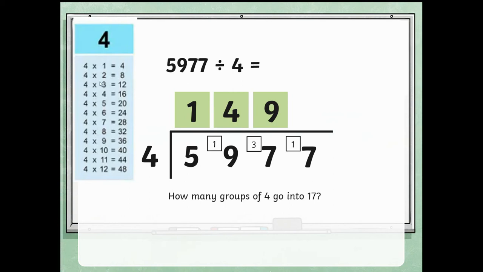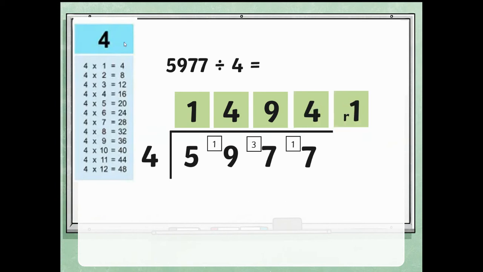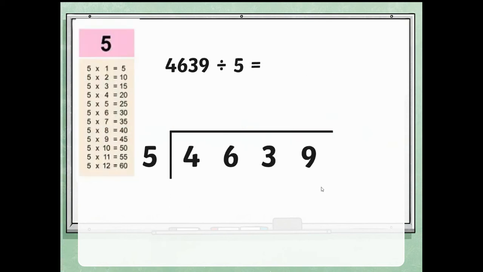Well, the closest would be 4, sorry, because 4 times 4 is equal to 16, and I would have 1 remaining. So 4 times 4 is 16. That's it, and then I would have 1 remaining. So my total would be 1,494, remainder 1.